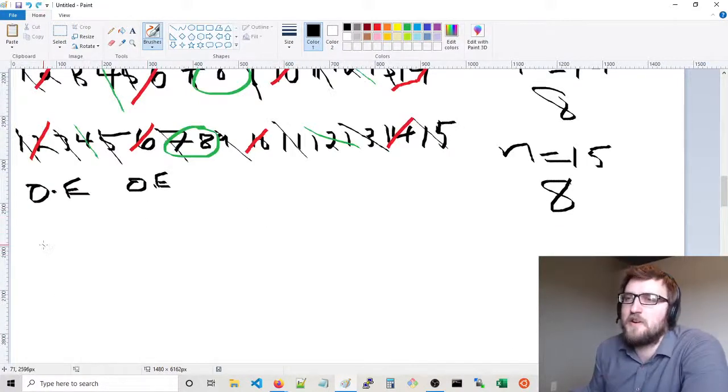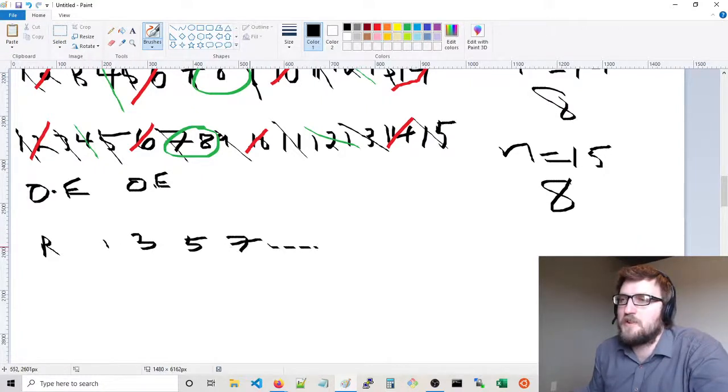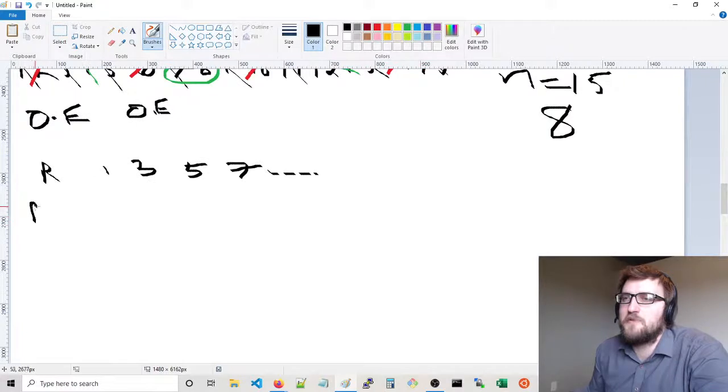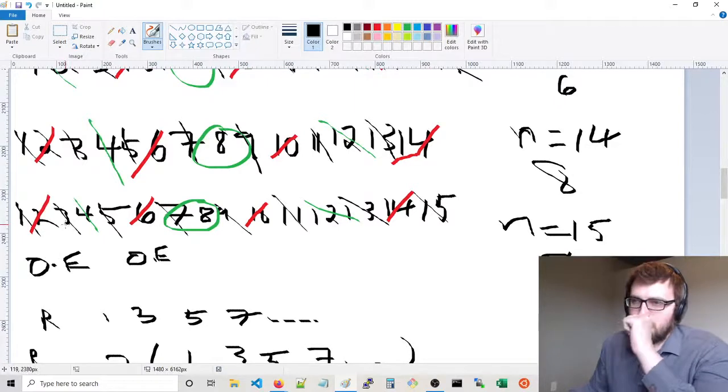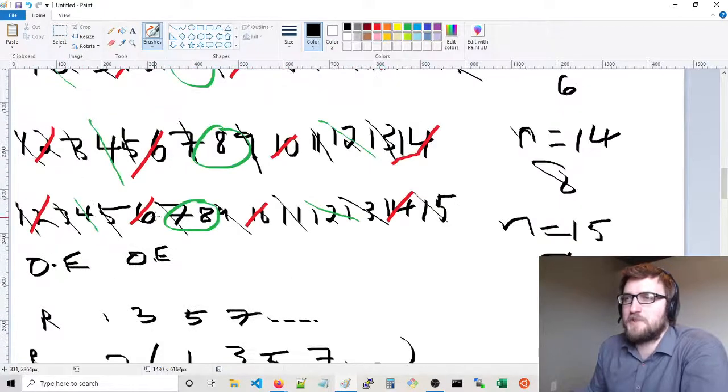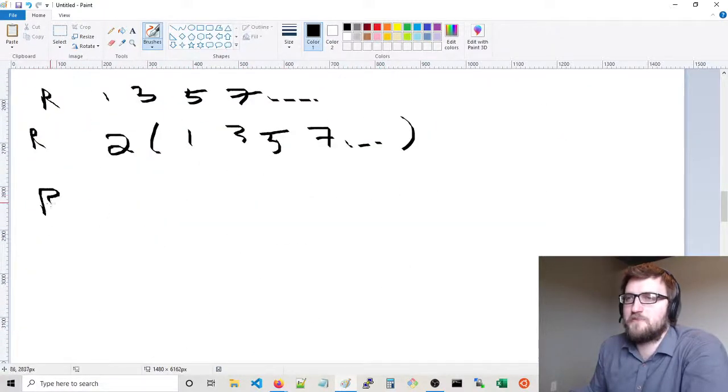So odd: remove 1, 3, 5, 7, ... Then remove 2 times the odd numbers, which is 2 times 1, 3, 5, 7, ... Right? These are the even numbers. Excuse me. 2, 6, yeah. And then remove 4 times the odd numbers.